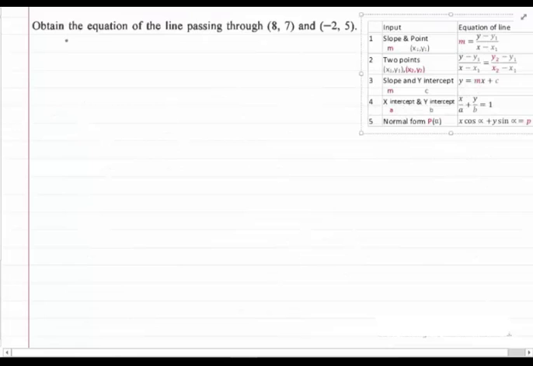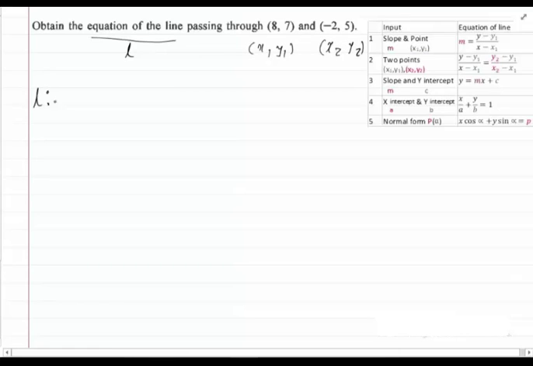Let's move to the next question, in which we have to obtain the equation of line L which is passing through (8, 7) and (-2, 5), right? So we can say our line is passing through two different points. x1 y1 is (8, 7) and x2 y2 is (-2, 5).